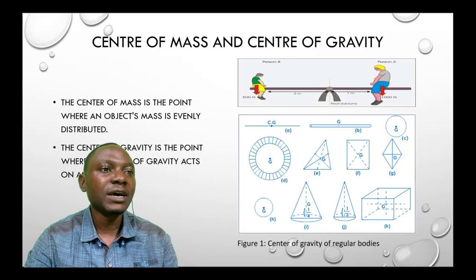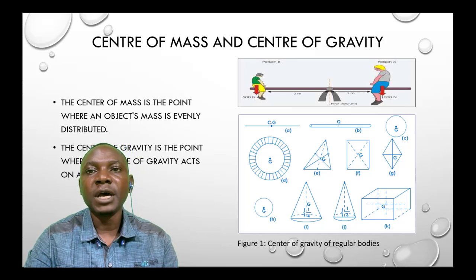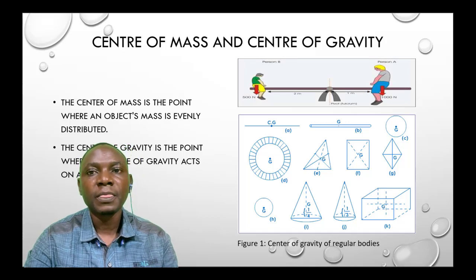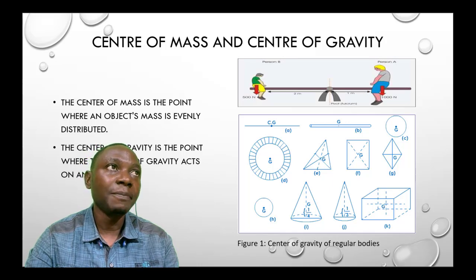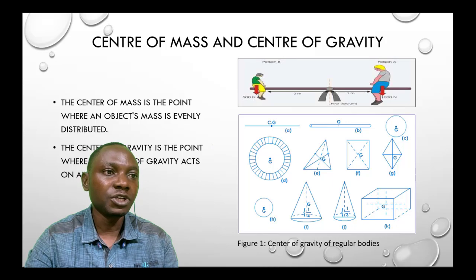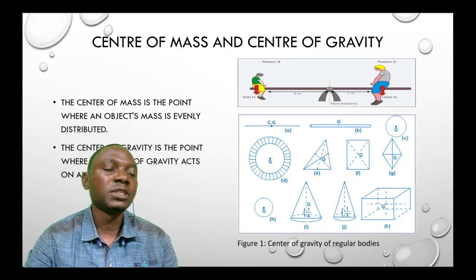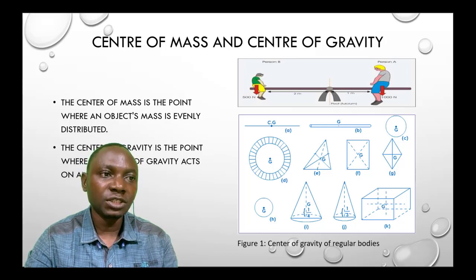Center of mass and center of gravity are two important concepts in physics, because understanding them helps in solving engineering problems and engineering applications. Although those two terms may sound similar, they have different meanings and uses.